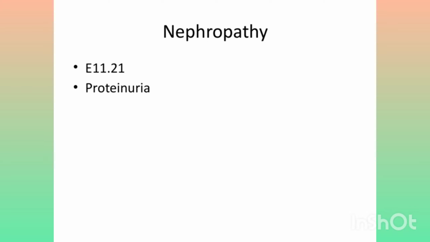Nephropathy refers to kidney damage or disease itself. It can be caused by various conditions, including diabetes, hypertension, or other systemic illnesses. The key point here is that persistent proteinuria is not just a symptom, but also a risk factor for the progression of kidney damage. It's often used as a marker to assess the severity and progression of nephropathy.